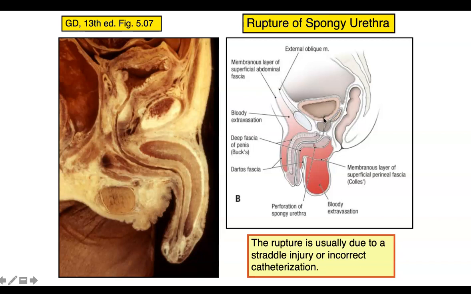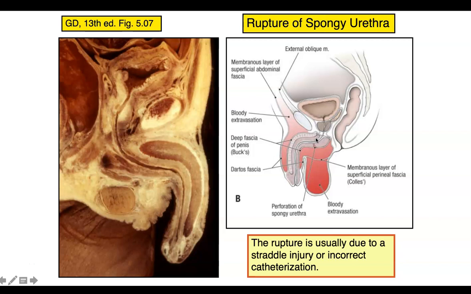And then the male urethra passes through the prostate, which is a gland surrounding the neck of the urinary bladder. And then the urethra passes through the perineal membrane. And that part of the urethra which passes through the perineal membrane is called the membranous part of the urethra, or the intermediate part of the urethra.